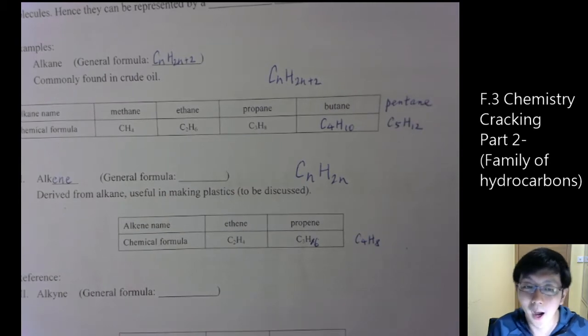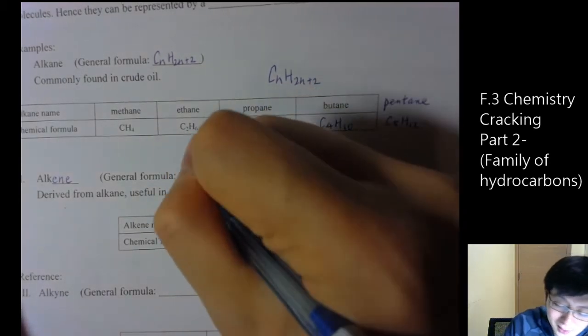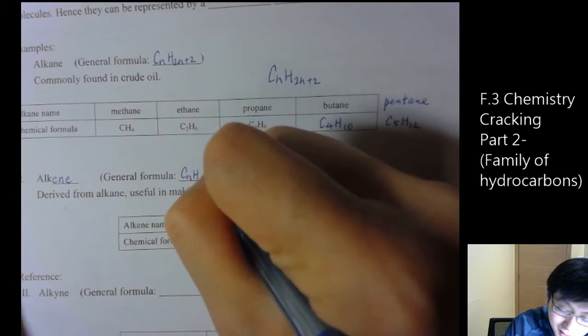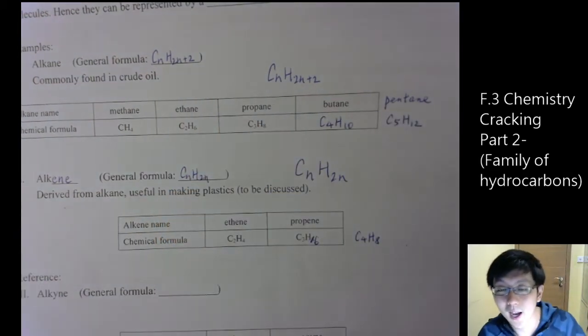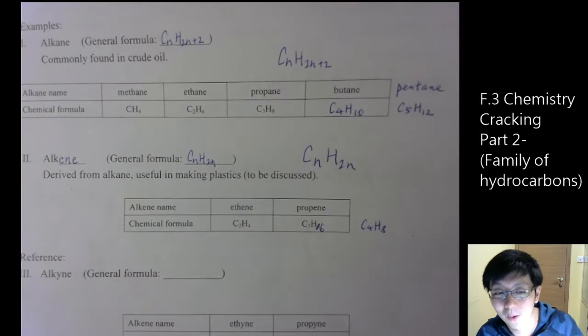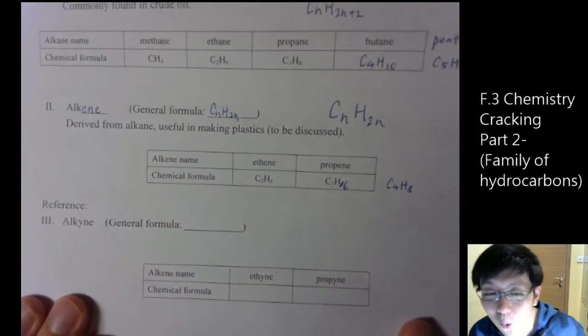Congratulations, you are alkene. Your identity is CnH2n, belonging to alkene.